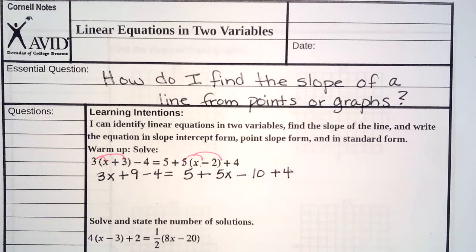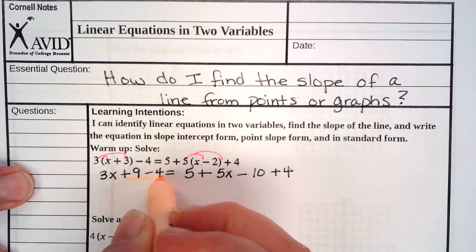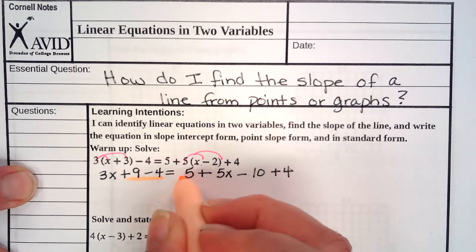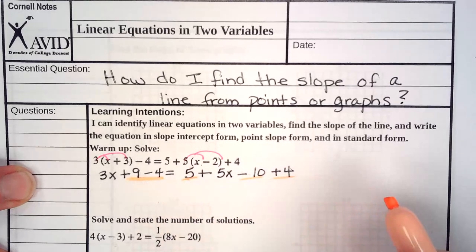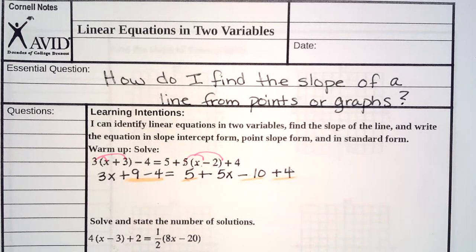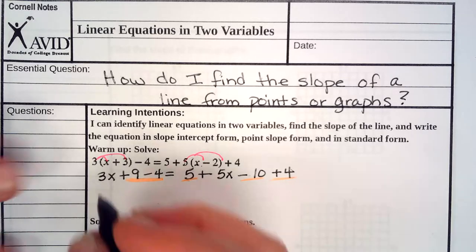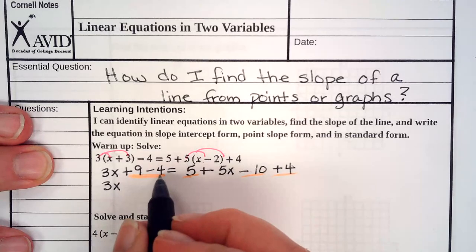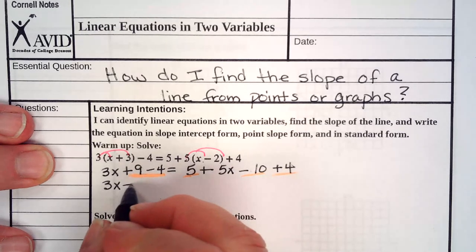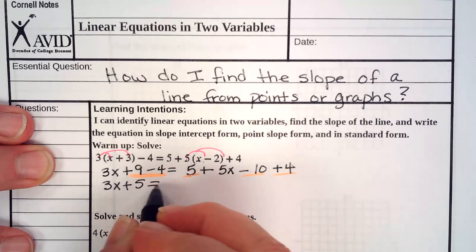Okay, so if we're looking at those like terms, we've got 9 minus 4 here, we've got a 5, then negative 10, and then positive 4. The 3x will not change. 9 minus 4 is 5, so it's 3x plus 5 equals.